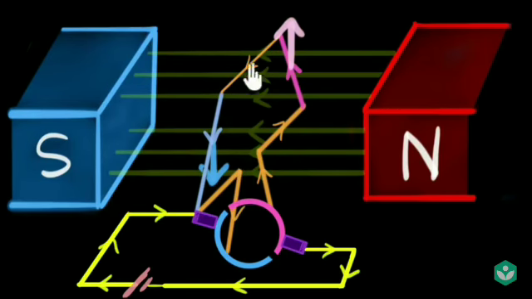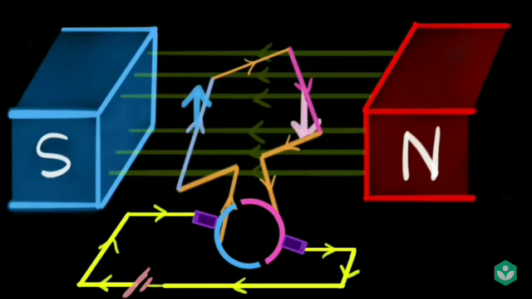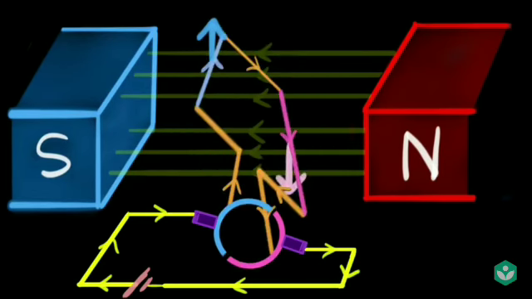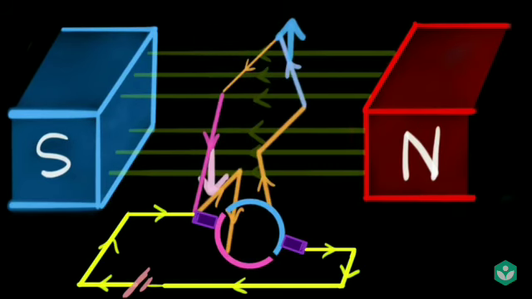Now notice, due to this commutator, current will automatically start flowing into this coil in the reverse direction, coming out here into the negative terminal, and so the current direction flips, and so the forces also flip, making sure the coil continues to spin in our clockwise direction.